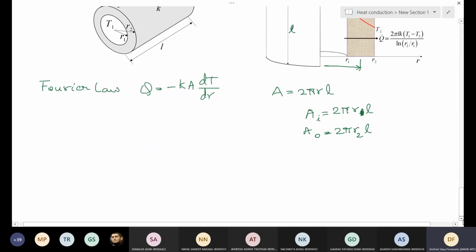So that means we can substitute into this equation and integrate to obtain the rate of heat transfer.